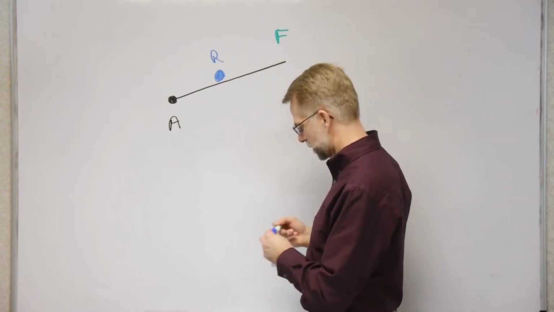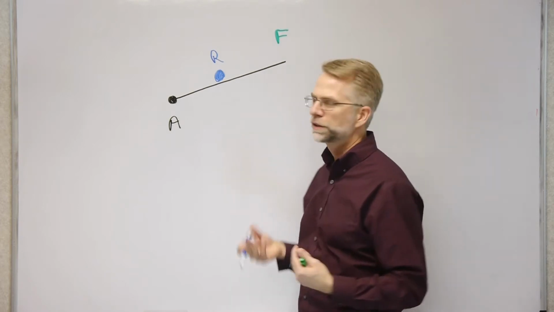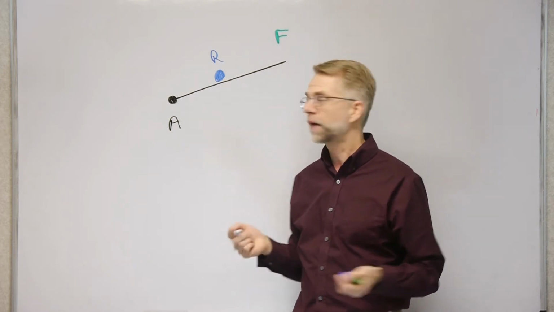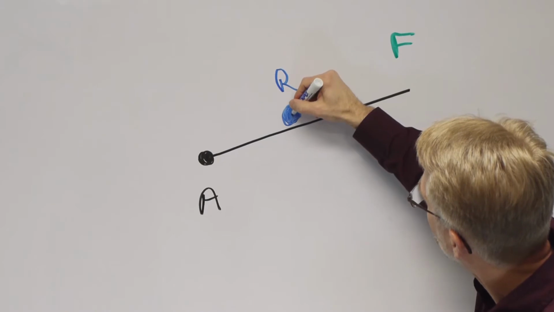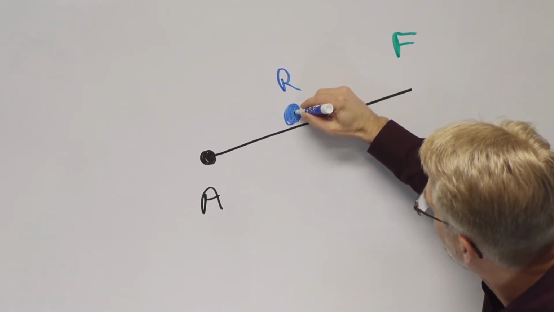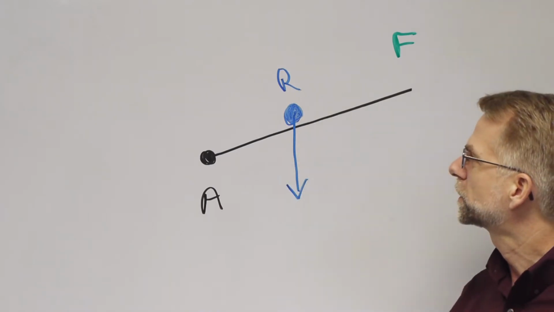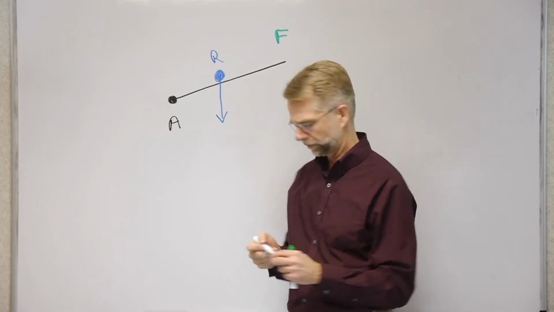So in this case, this resistance or this weight, the way it provides resistance is by way of gravity. It would have a center of gravity, and then acting on that center of gravity, gravity would produce a force vector that looks something like that.